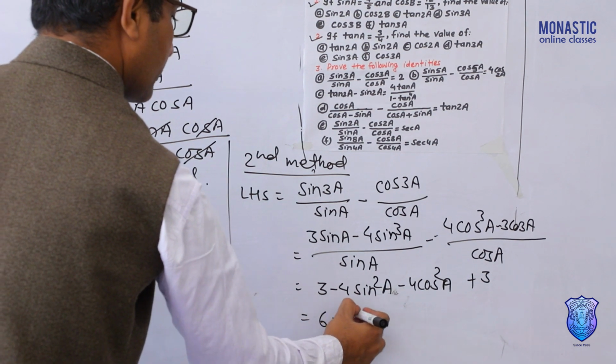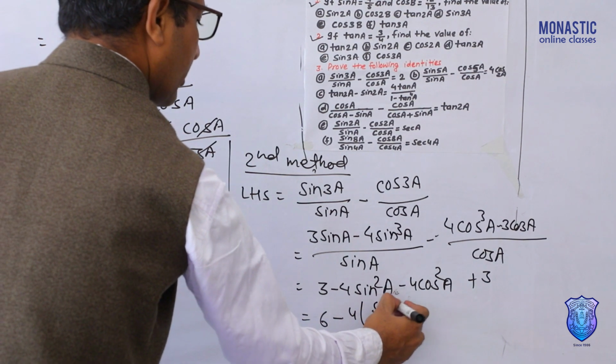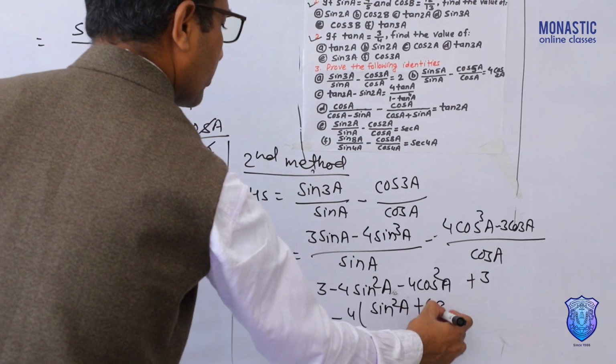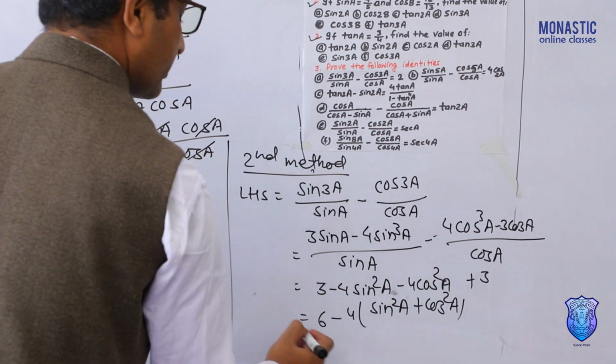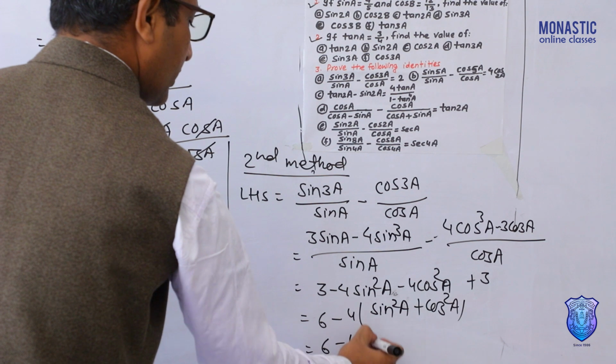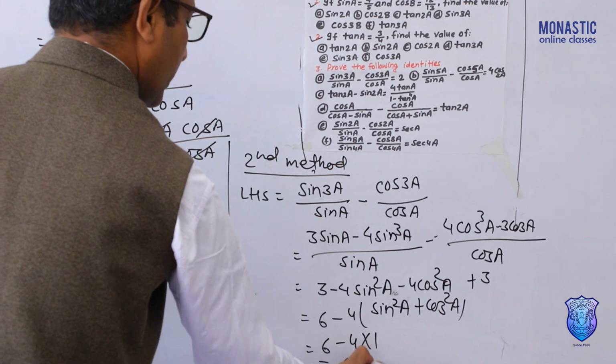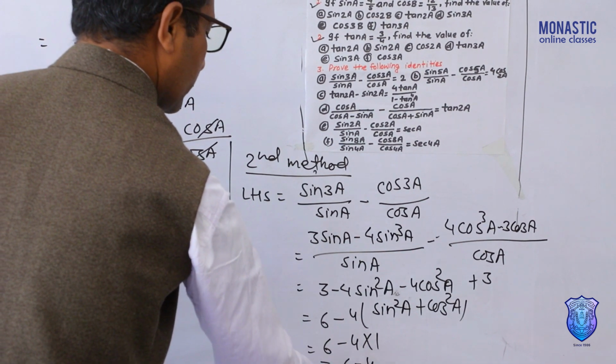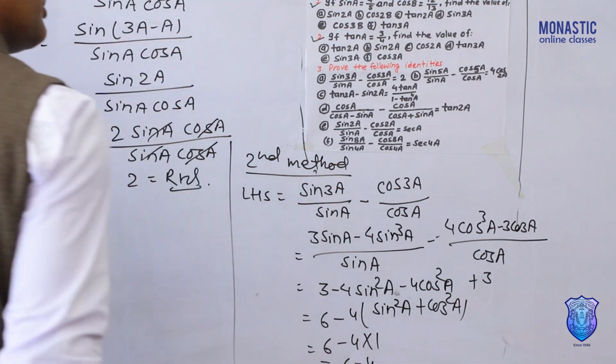It came 6. Take the common, minus 4 times sin square A plus cos square A. Sin square A plus cos square A is 1. 6 minus 4 is 2. That's the RHS completed.